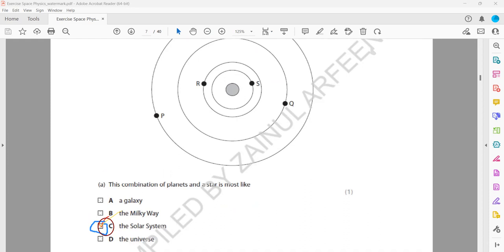Because if it was a galaxy, then it should be a combination of many stars, solar systems. The Milky Way galaxy is our next topic, and the universe is a collection of galaxies.